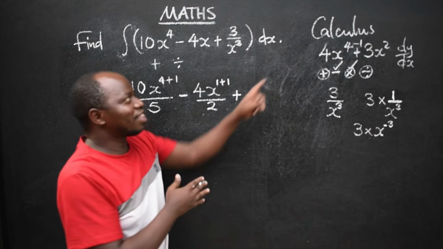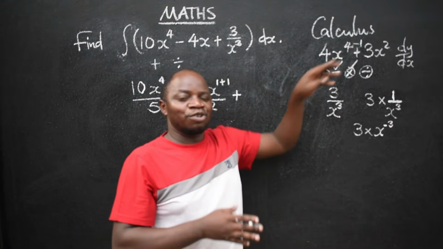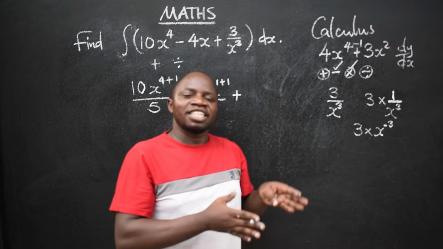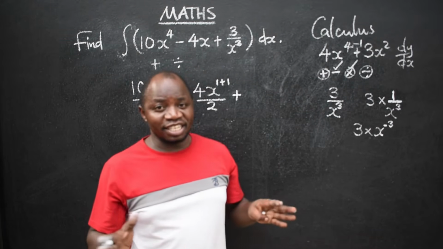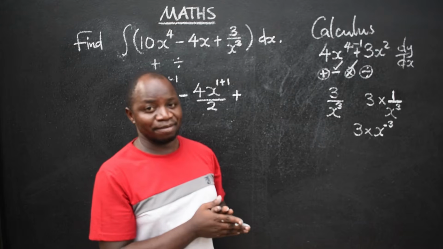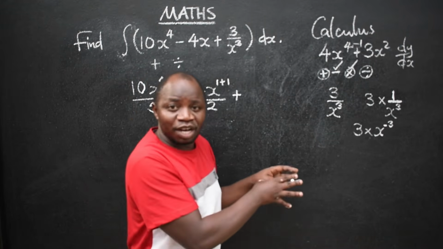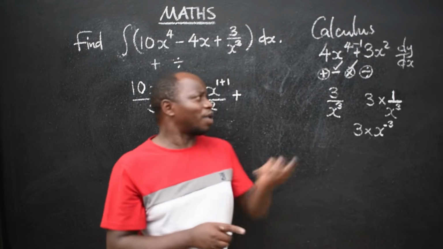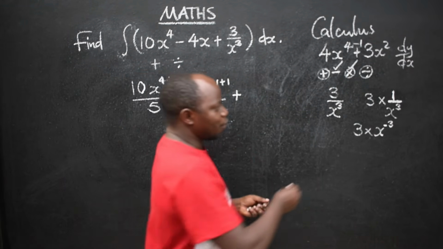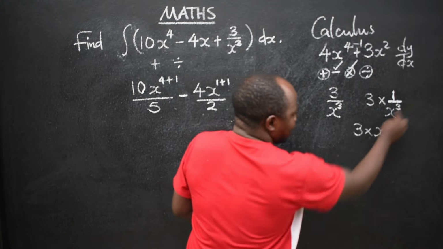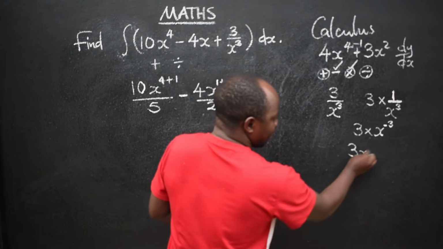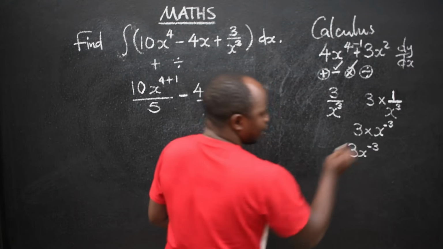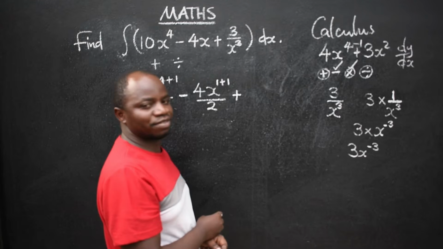When you're dealing with calculus, you should have done index notation or indices. We don't just jump into calculus without indices, without coordinate geometry. So I have changed this now. This will be 3x to the power negative 3.